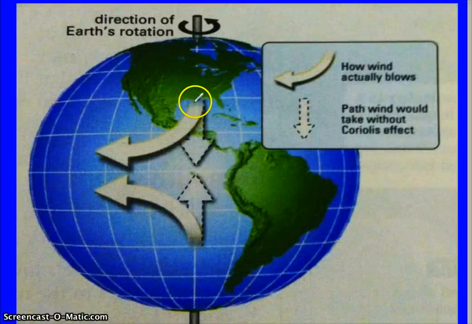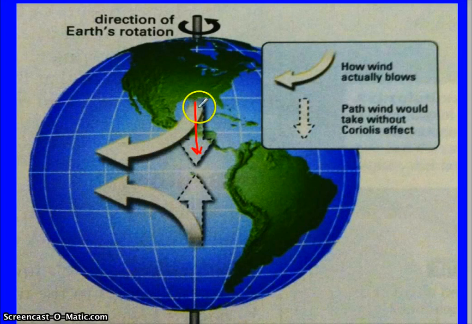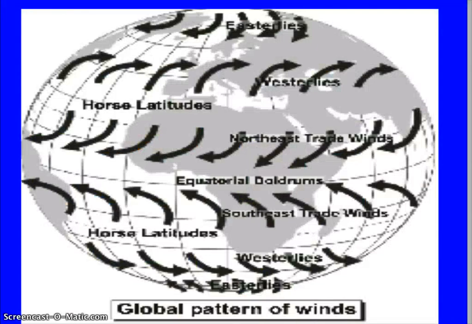Instead of having the Earth's winds go straight down toward the equator like they want to, the Earth's winds have an actual curve to it. And you can see what happens here. The path that it would take without the Coriolis effect is here, and the path that it actually takes is there. So as a result, you're going to have some interesting wind patterns that don't always look like this arrow.